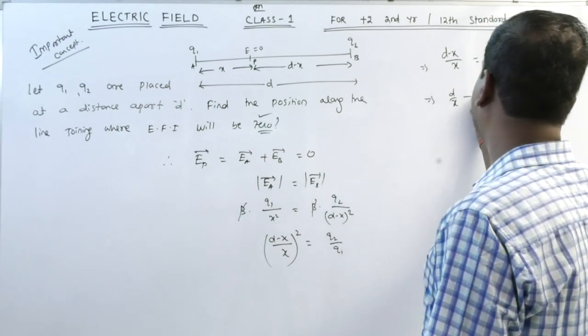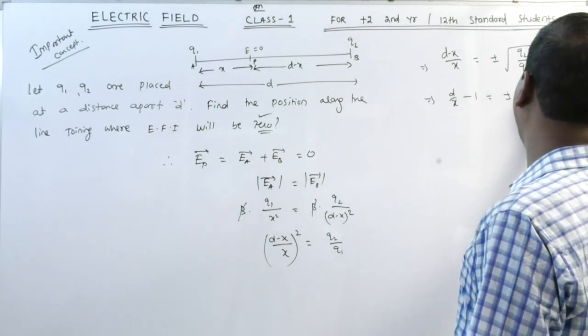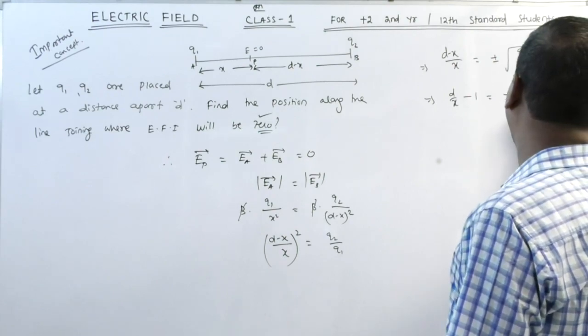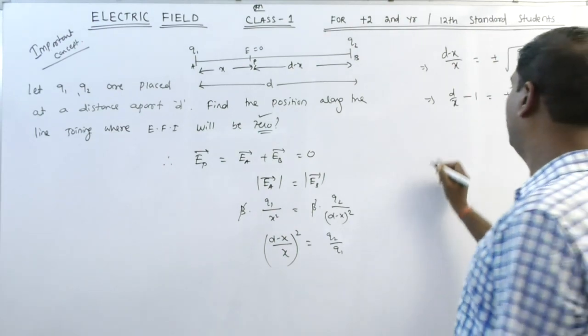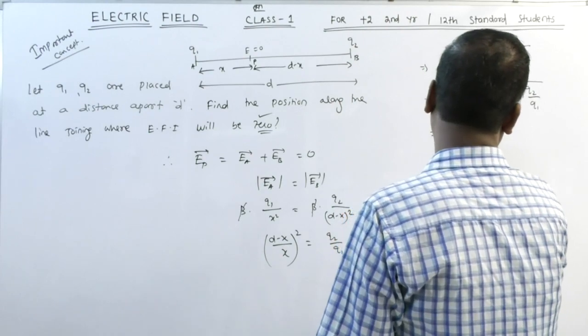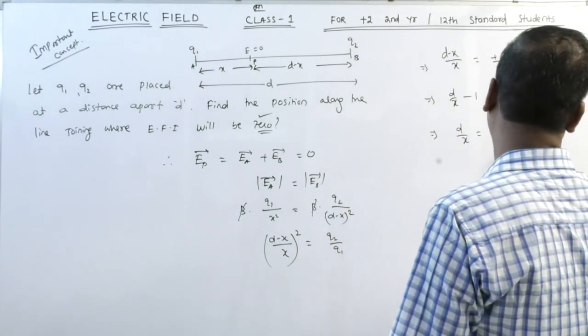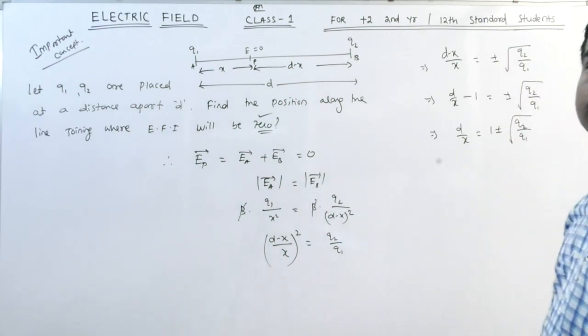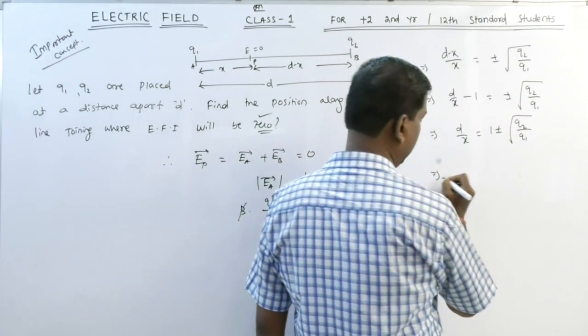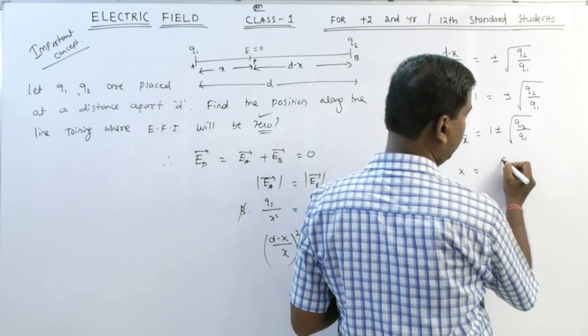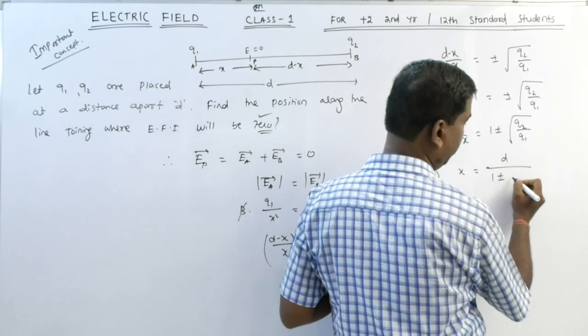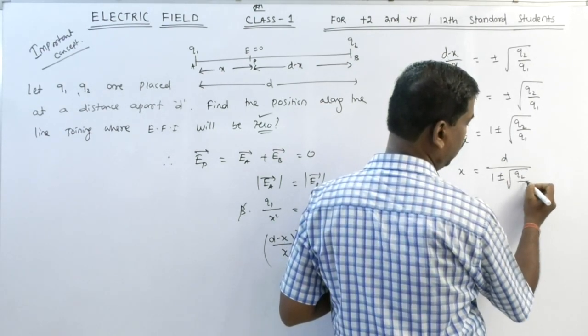Therefore, d by x minus 1 is equal to plus or minus root of Q2 by Q1, or d by x is 1 plus or minus root of Q2 by Q1. The position is x is equal to d by 1 plus or minus root over Q2 by Q1.